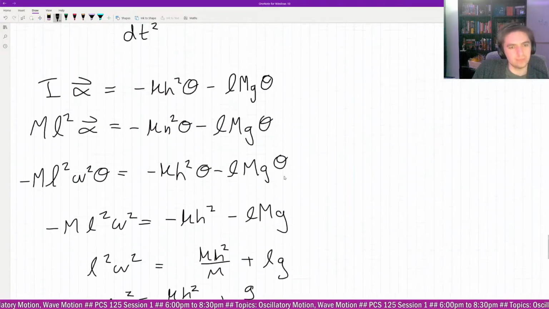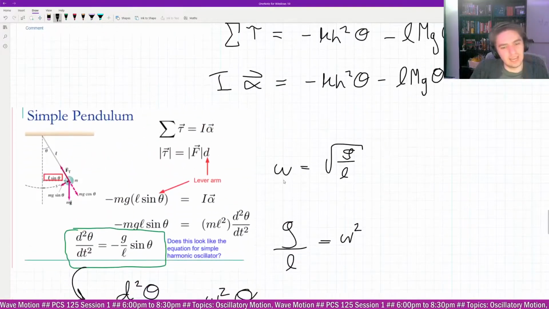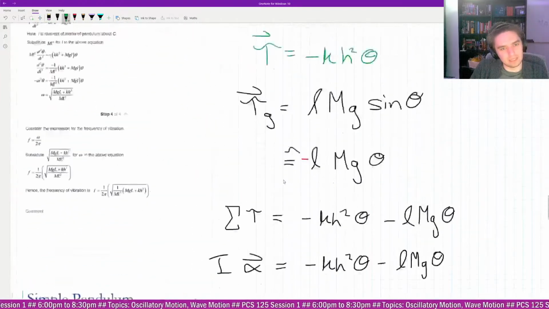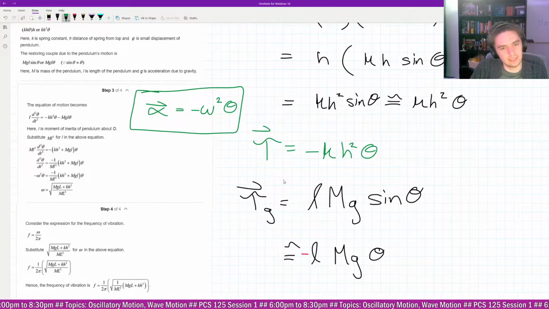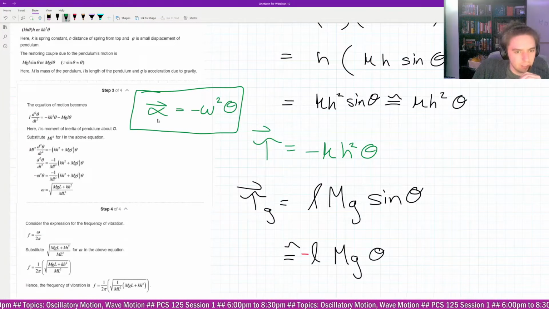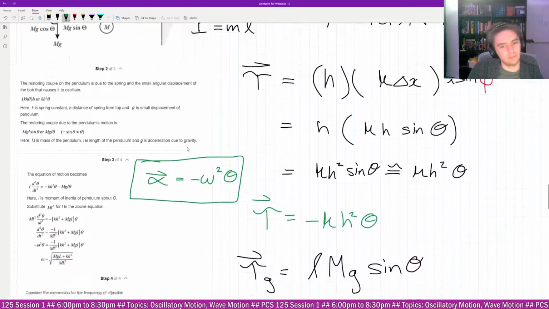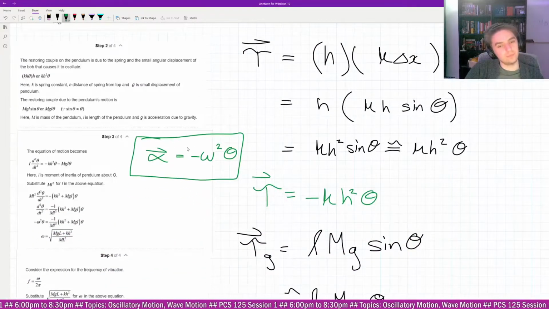Okay. We also know that the angular acceleration equals negative omega squared theta. So this is a good formula to know. We now have an equation that will get us omega squared.